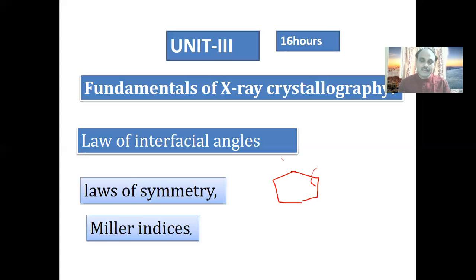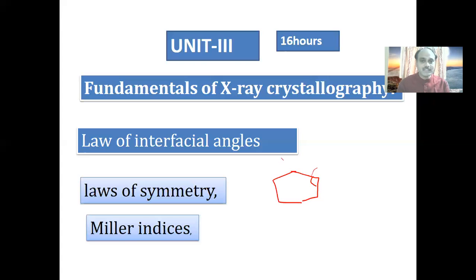The interfacial angles of different geometries of crystalline solids may exhibit some similarities. Hence, the law came into existence called the law of interfacial angles. This law originated after the different types of crystalline solids were looked into. Then the second concept is called the law of symmetry.